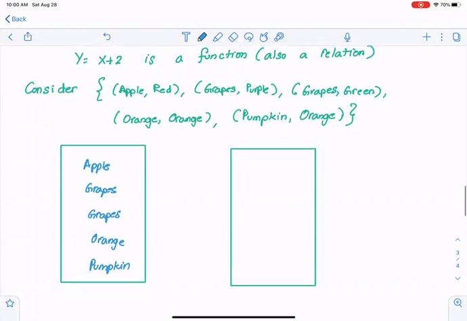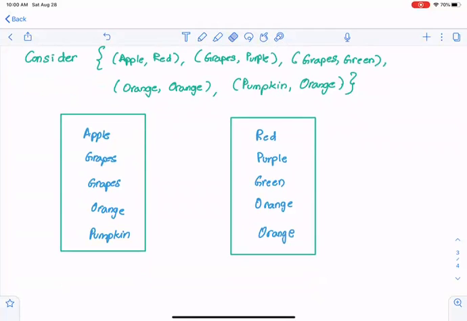And over here, red, purple, green, orange, orange. So I put 2 grapes, but 1 is enough.